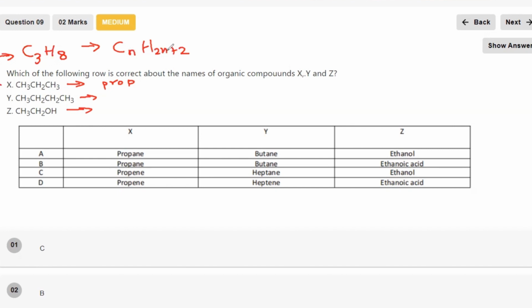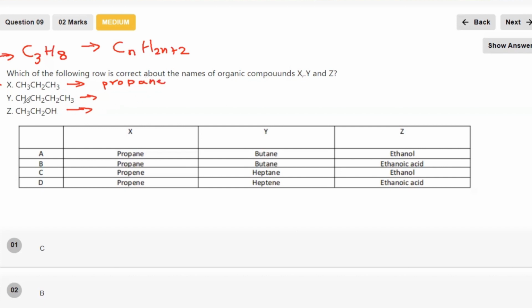N is 3 here, so the number of hydrogens has to be 8 for an alkane. That's how we know molecule X is an alkane. So it's important to remember the general formula of all the homologous series. This is why this would have a suffix of ane. So this molecule is a propane.